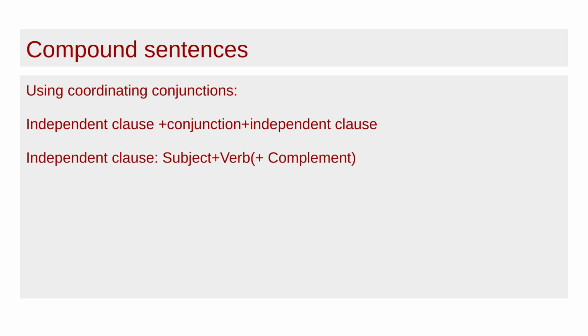So what forms an independent clause? Just like a simple sentence, an independent clause is formed by a subject, a verb, and an object or complement. A complement is something which you need to complete that particular sentence. Clear?